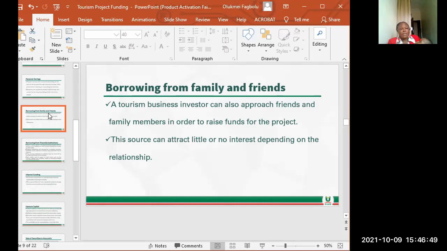Some might say, no, I'm a business person too. If I lend you this money, then it must be returned with interest. If that is the case, you have to sit down and know the terms and conditions for that money you are borrowing from that friend or family member. And some might say, no, don't worry.